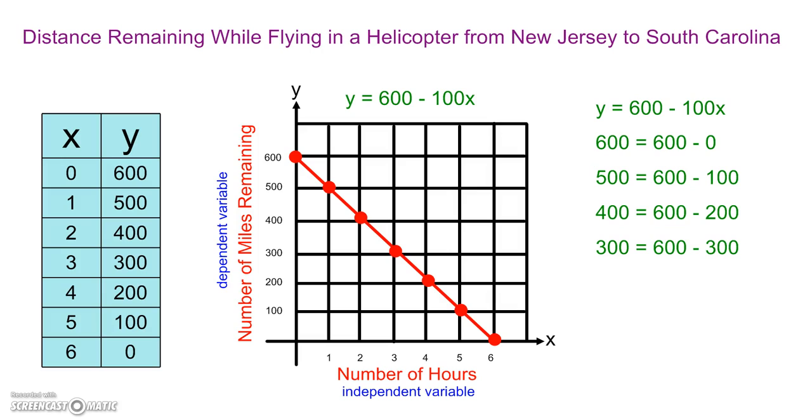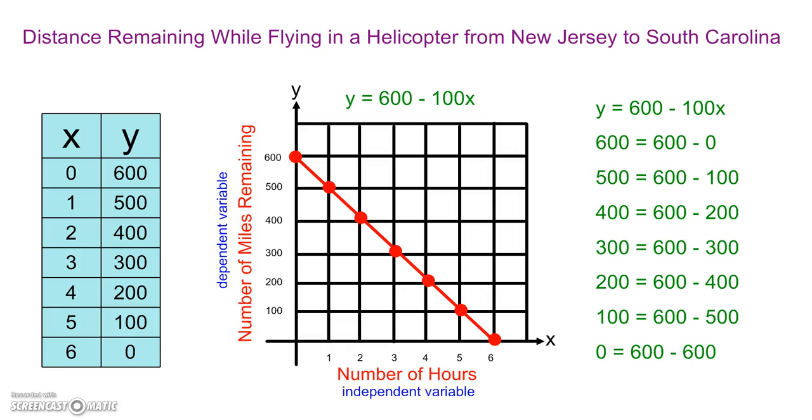Check. That works. And I'll continue with each and every value for x. When x is 4, yep, that works. And when x is 5, yep, that works too. One more to check. When x is 6, 100 times 6 is 600, and 600 minus 600 is 0. Perfect. So I was right.